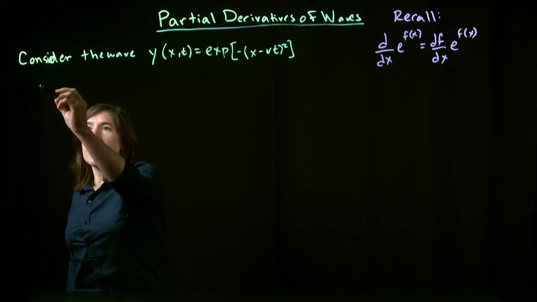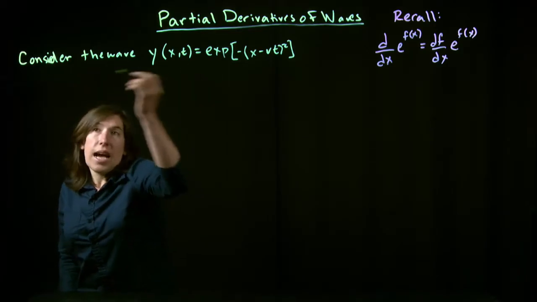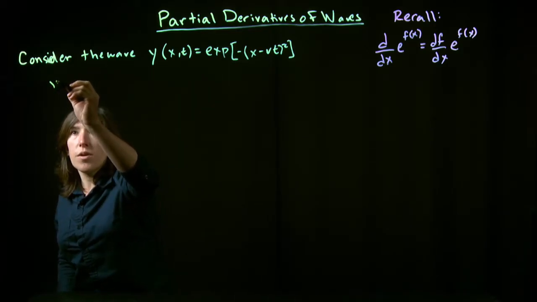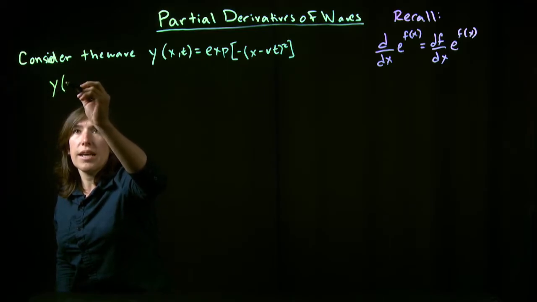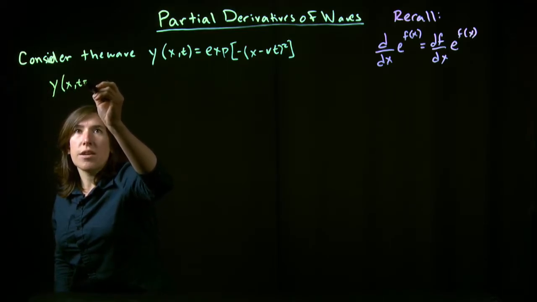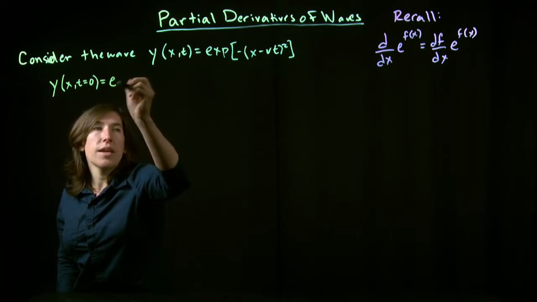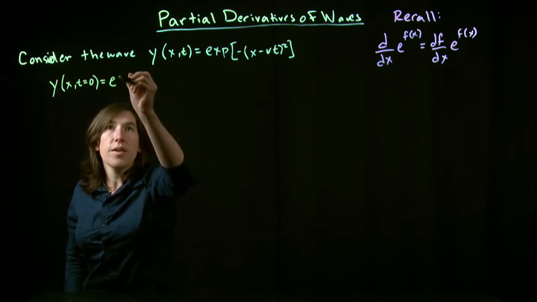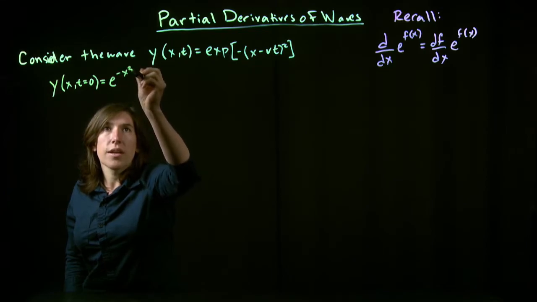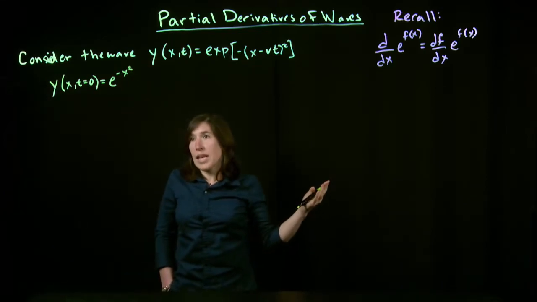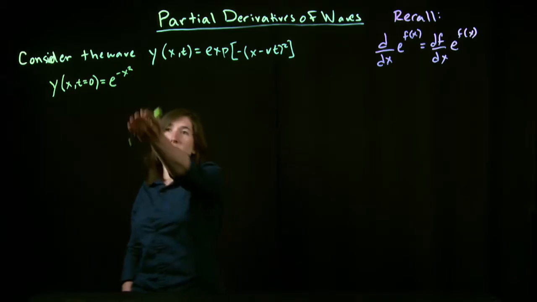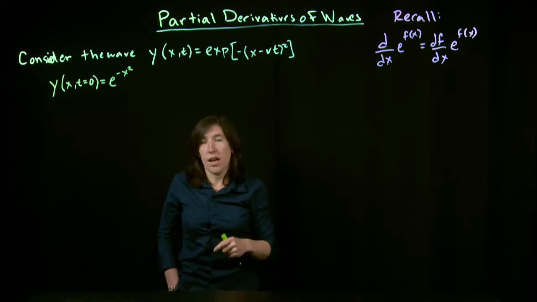So let's first consider at time t equals 0. So what does this function look like at time t equals 0? This is equal to e to the negative x squared, plugging in 0 for t. And you'll notice because we set t to some constant, this now just becomes a function of one variable.